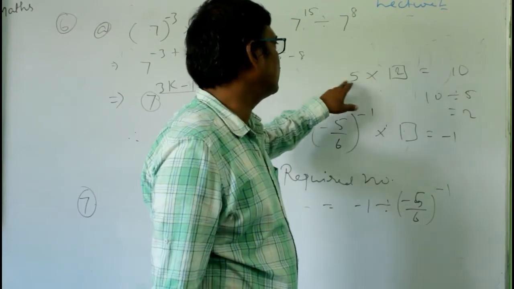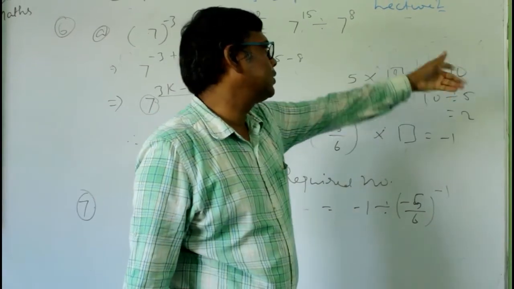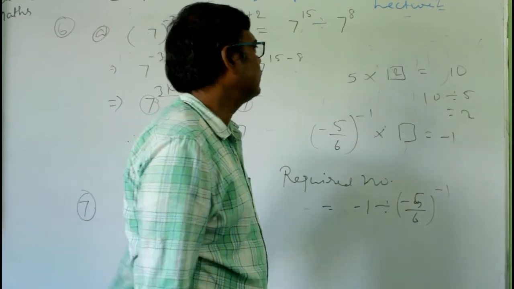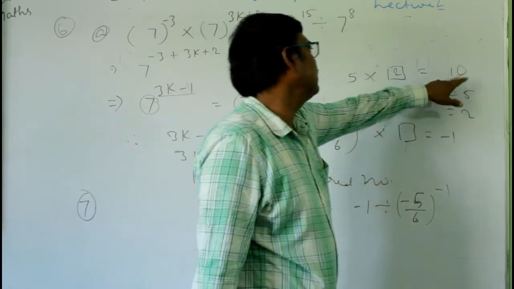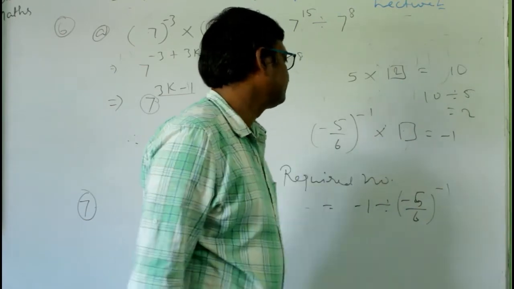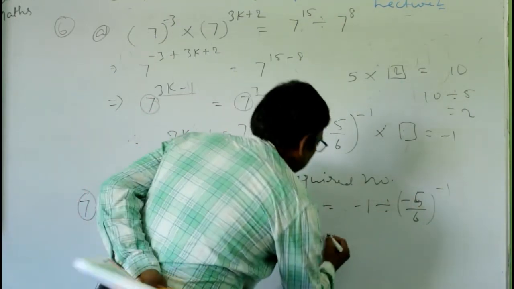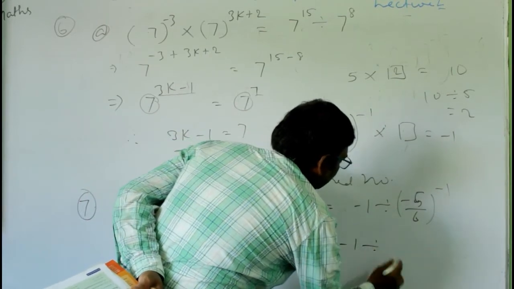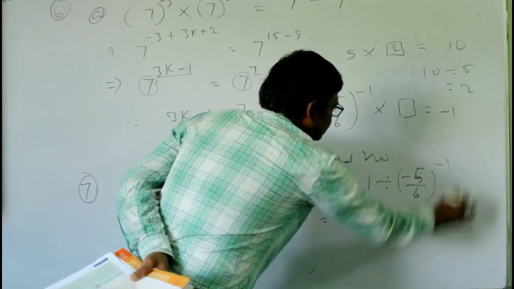Because you see that what should be multiplied with 5 to get the answer 10, you will literally give the answer, it is 2. That is 10 divided by 5. So here also, -1 divided by this, you will get this number. Now solve this. -1 divided by (-5/6)^-1.